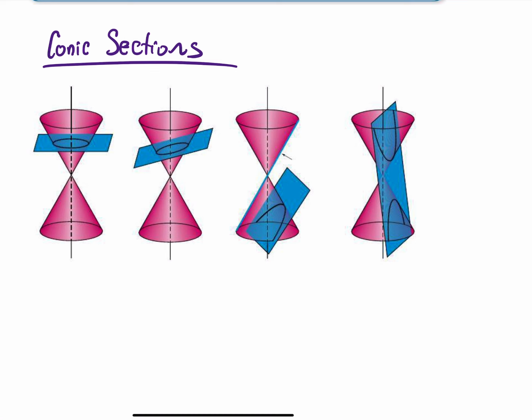So if the plane is flat, you can see it produces, as its intersection points, a circle. So we can get a circle from this kind of intersection. If the plane is tilted, if there's some kind of angle, it's slightly hard to see here, but it distorts the circle in a way that produces an ellipse.